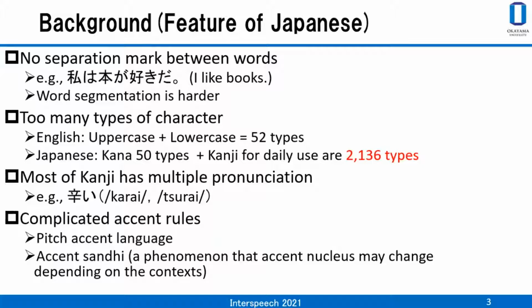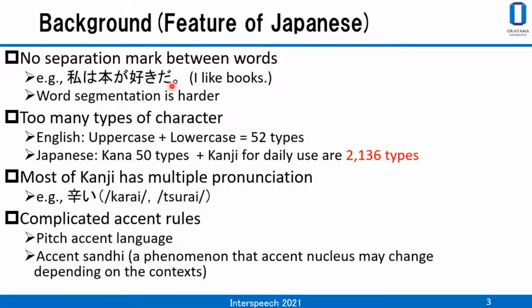So, why is Japanese text processing complicated? This section explains the reasons. First, in the Japanese writing system, there is no separation mark between words. For example, the Japanese sentence, "I like books," is written like this.